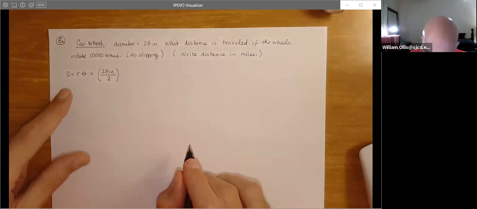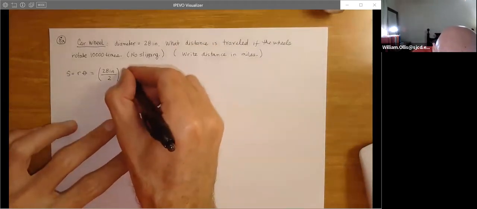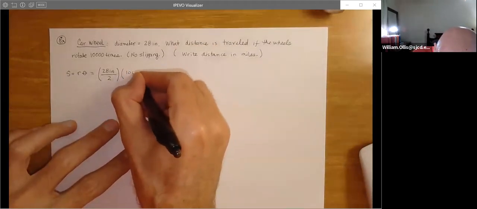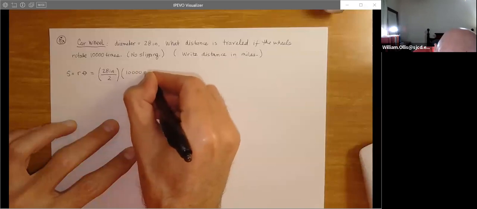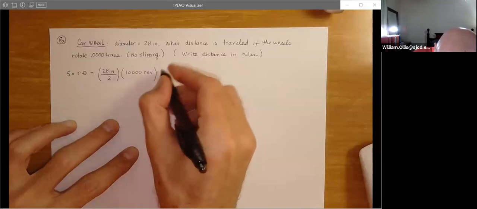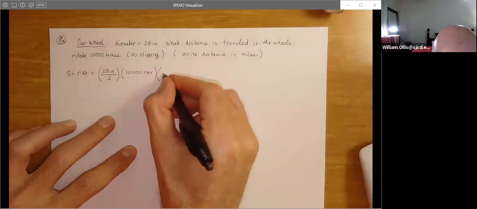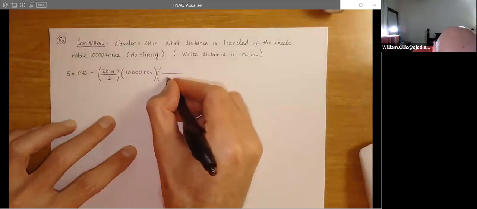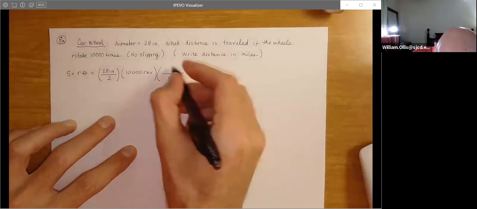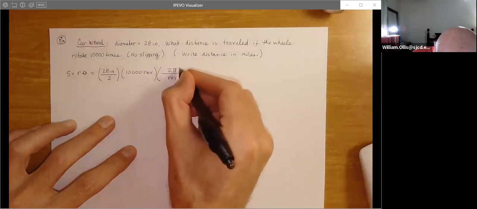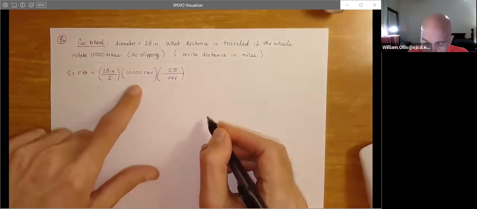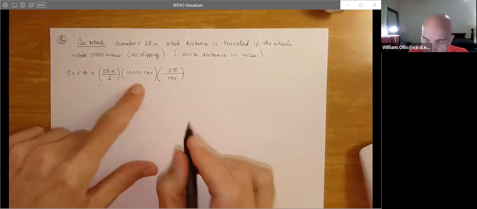When we think of the theta, we've got 10,000 revolutions, and then we have 1 revolution for every 2 pi radians. So this gives us an arc length in inches.